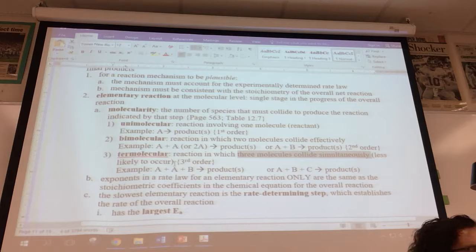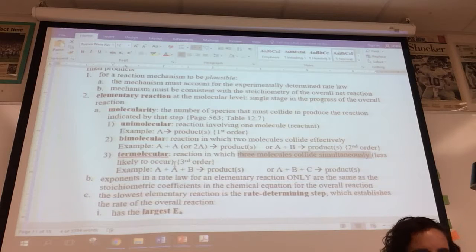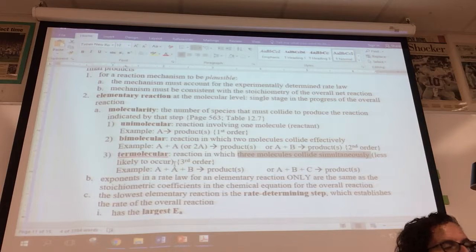Now this is less likely to occur. Think about the collision theory and tell me why a termolecular reaction is the least likely of those 3 to occur. Exactly. You'd have to have proper orientation of 3 molecules simultaneously. That would be tough.